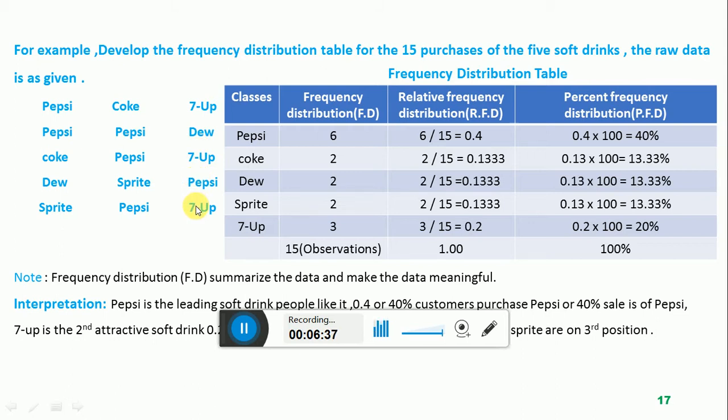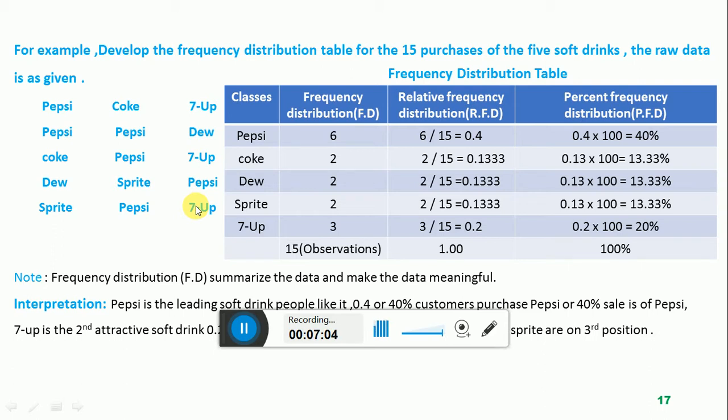These are the statistics about the 15 purchases of 5 soft drinks. The data is qualitative because the information is in names form. These are the names of the 5 soft drinks. So we are going to develop a frequency distribution table, and this table will summarize this raw data.